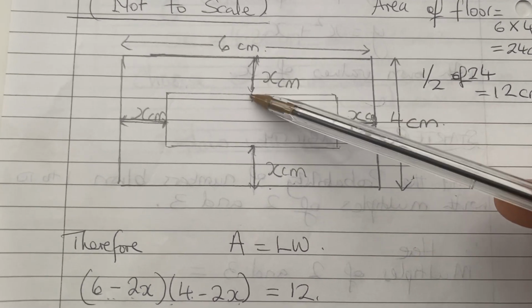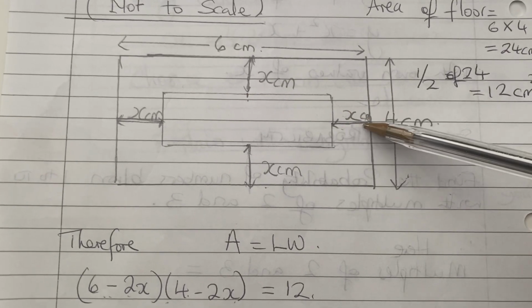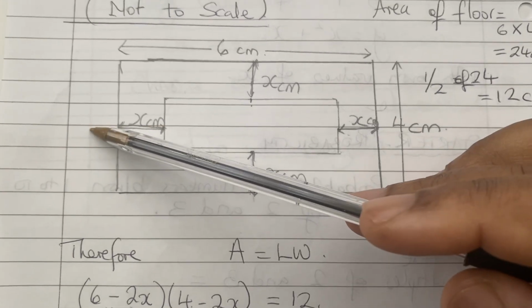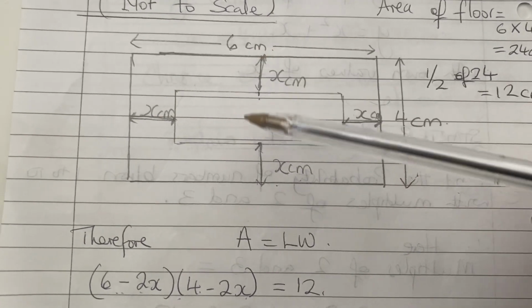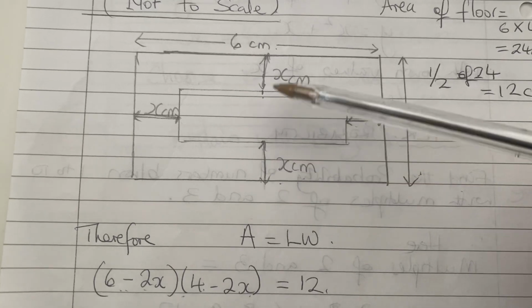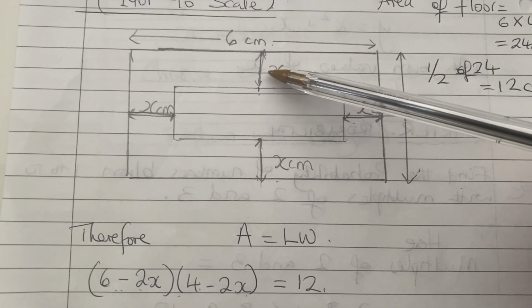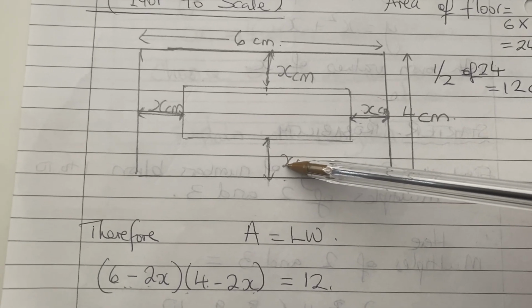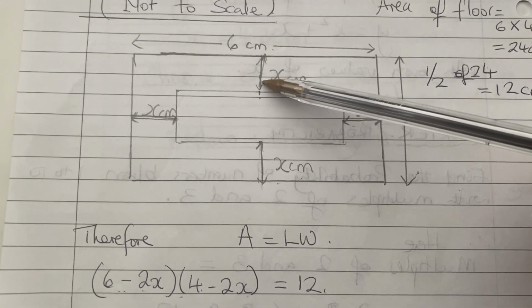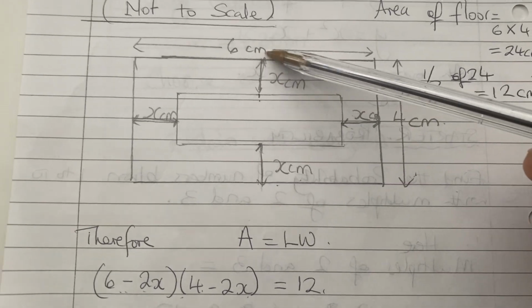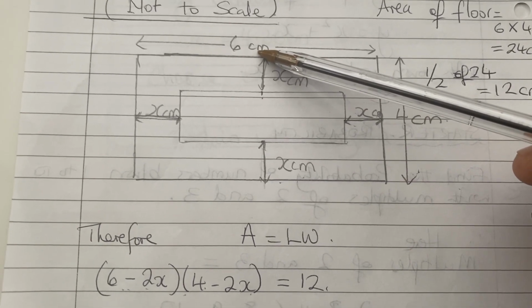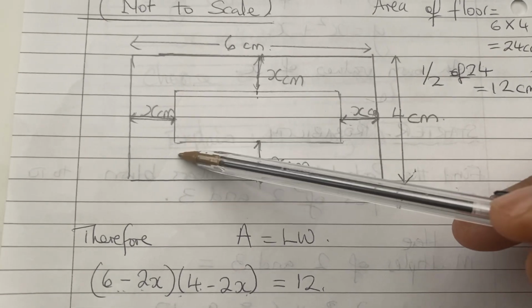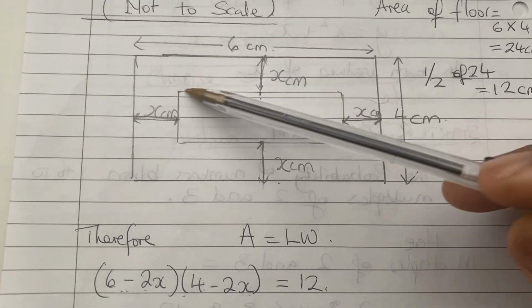So this is 0.7, that will be 0.7, that will be 0.7. So 0.7 plus 0.7 is 1.4. So when I take it out of 6, it means the mat can be in the space of the room.